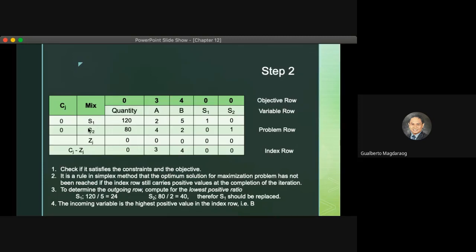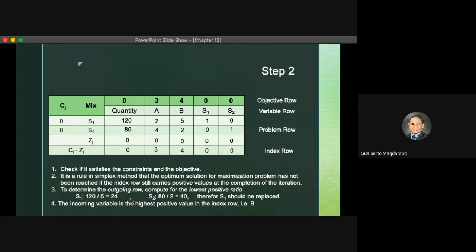Times 1 is 120. Kasi may 1 yan dito eh. 80 is 80. Nasa within pa rin ng polishing department, within pa rin ng grinding department. And then, for the contribution margin natin, puro 0, within pa din, but that is not the maximum contribution that we need. Hindi natin gusto yung 0. We wanted positive contribution margin.